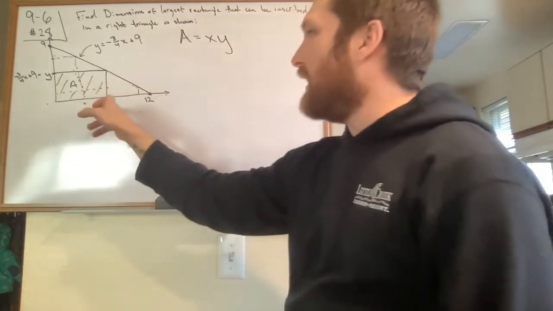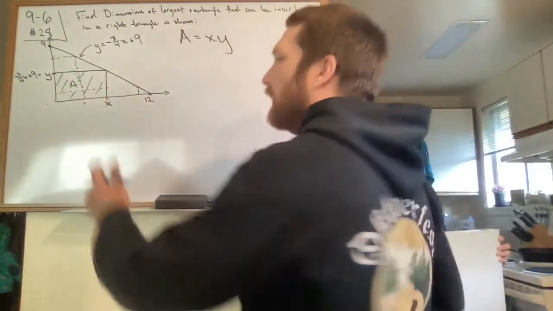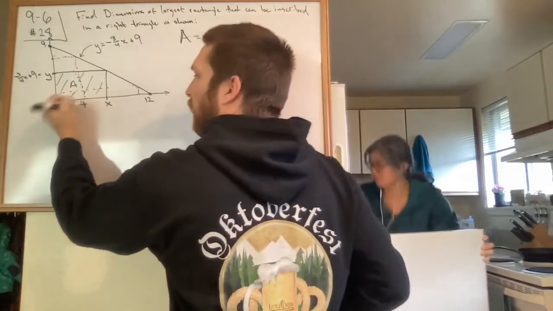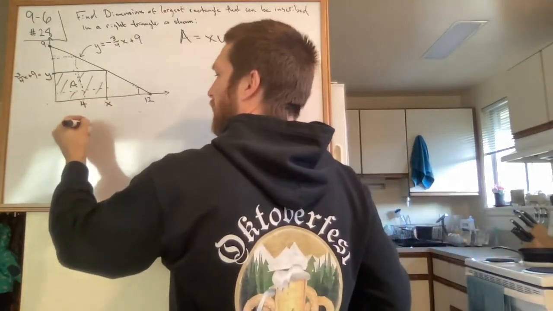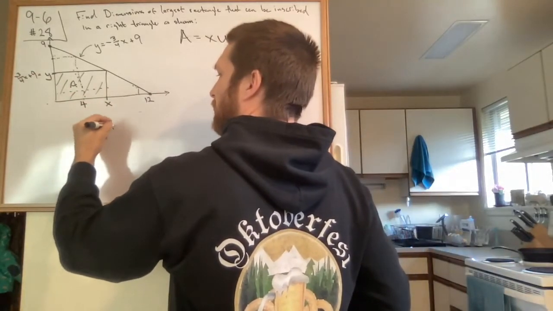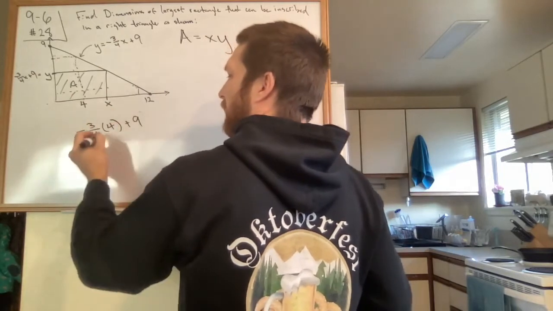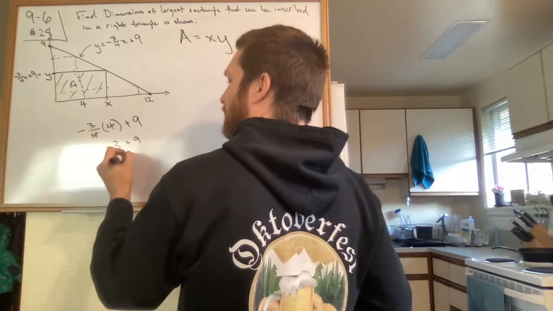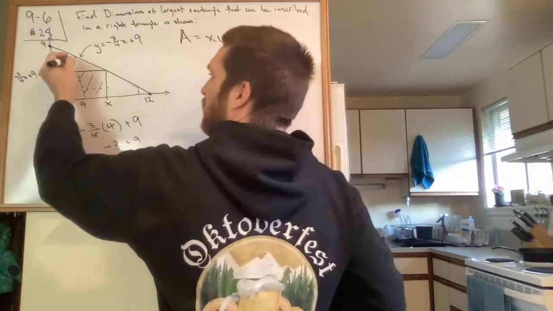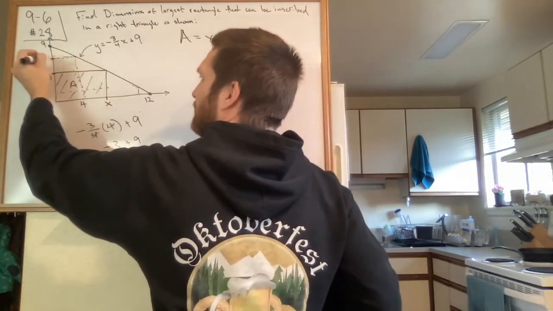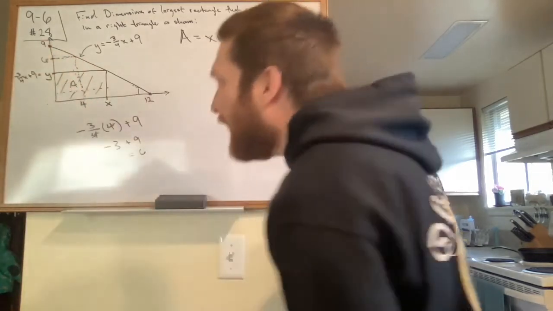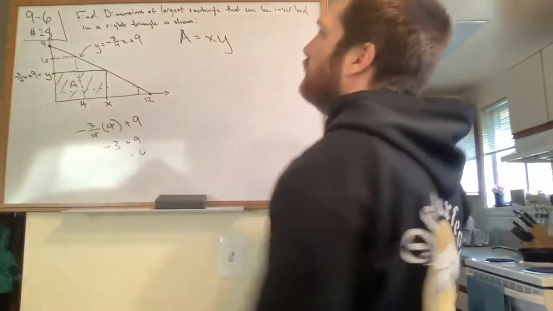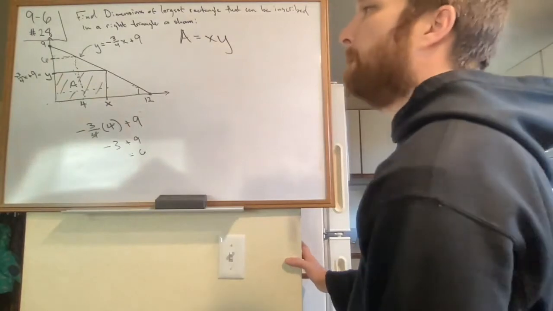You give me, say, a 4. If I plug in a 4, this thing says you go minus 3/4 times 4 plus 9, and the 4's cancel, minus 3 plus 9. Minus 3 plus 9 is 6. And so I know that my height here would have to be 6. And so my area would be 6 times 4, and so on and so forth, right?